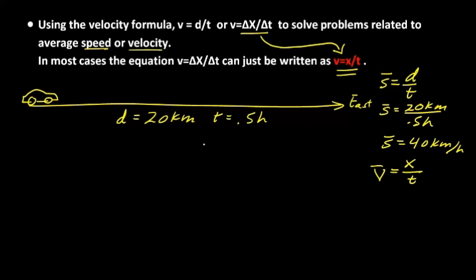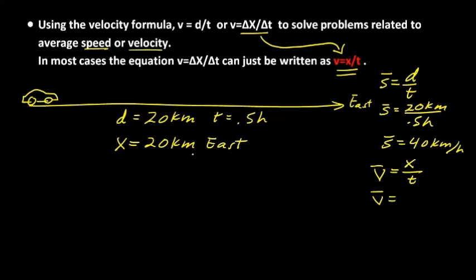So here's the situation. When we plug the numbers in here, we have average velocity equals displacement, not distance. And the displacement x is equal to 20 kilometers east. Now in a word problem, it might just be stated. In a diagram, you can always use the direction that the arrow, the direction of the car, or whatever the object is, is pointing.